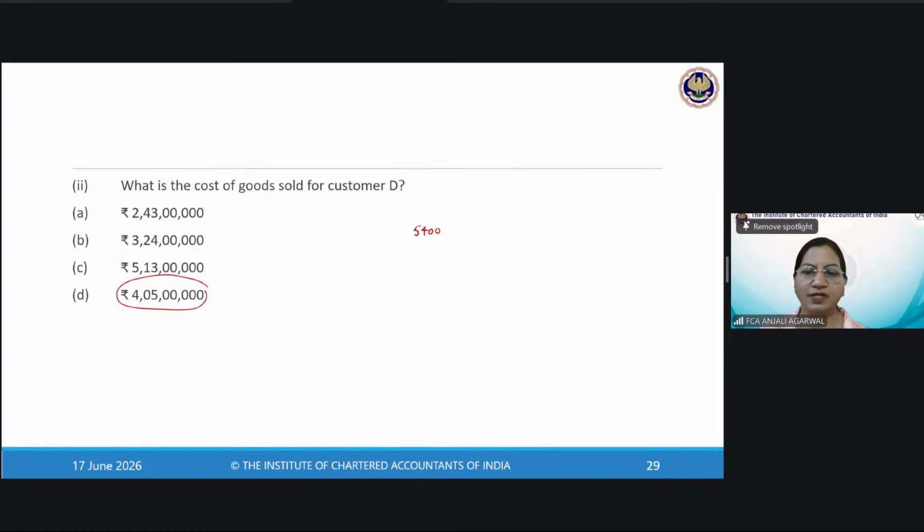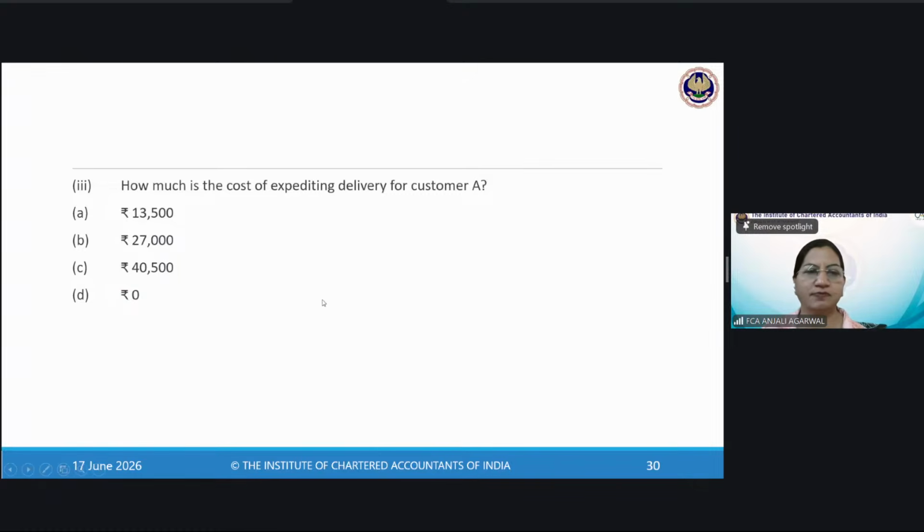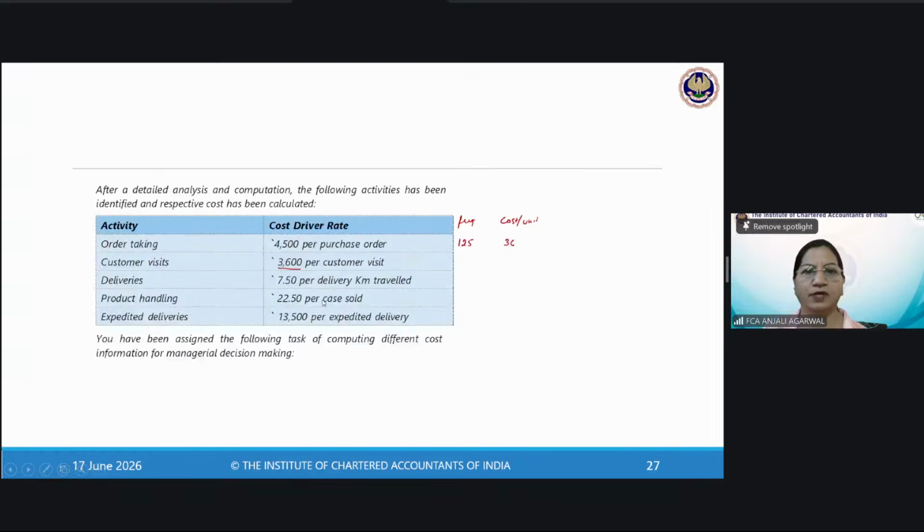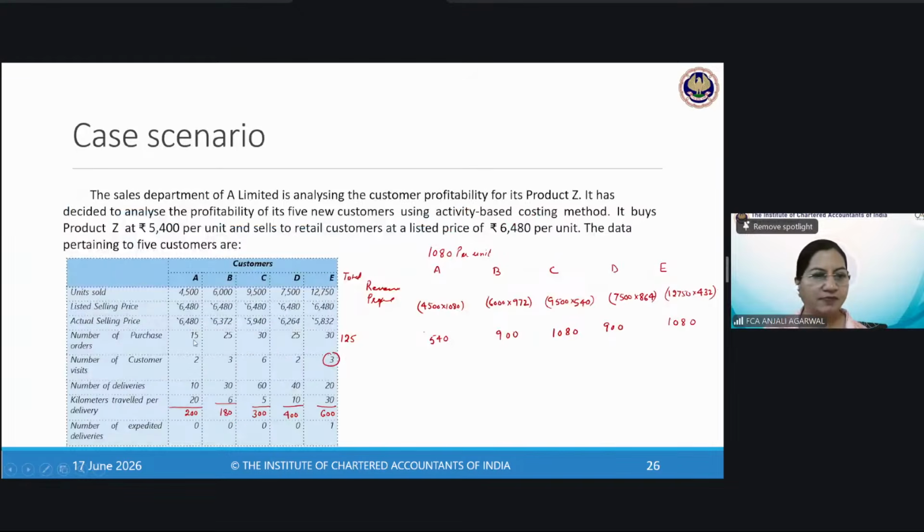So when you have a case scenario like this, also look at what are the questions. Maybe you don't need to solve the entire thing, specifically parts of the question. How much is the cost of expediting delivery for customer A?